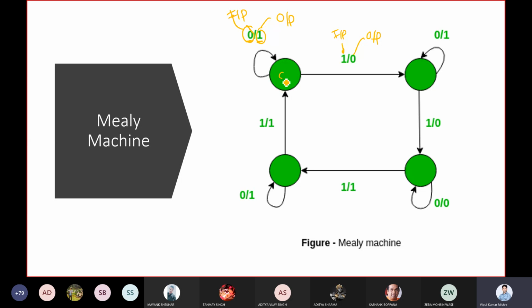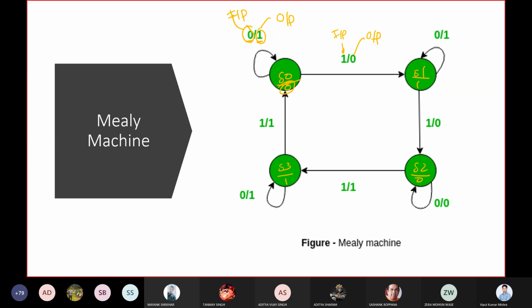Definitely it has states: S0, S1, S2, S3. Along with this, the state may also have some output, let's say 0 or 1. So this is the state output and this is the input output. It actually has multiple outputs. This is the Mealy machine. This is more complex than the Moore machine.